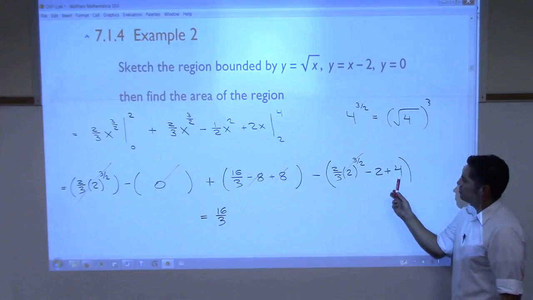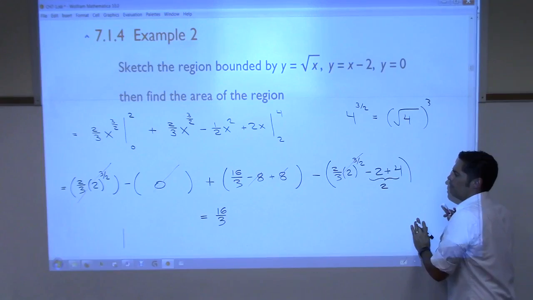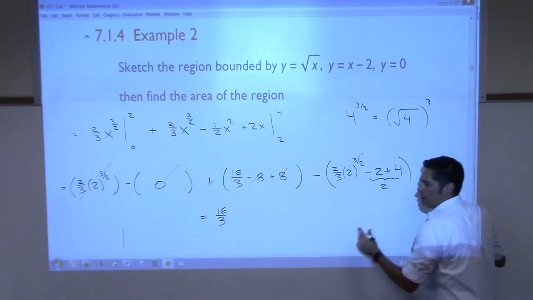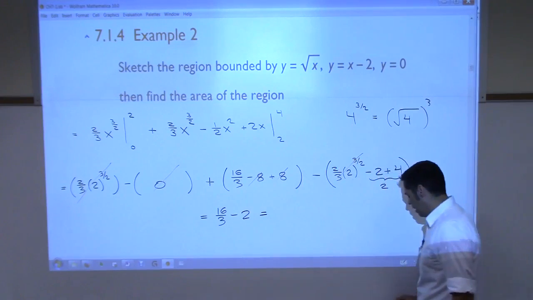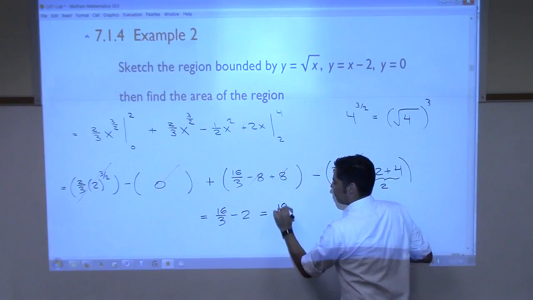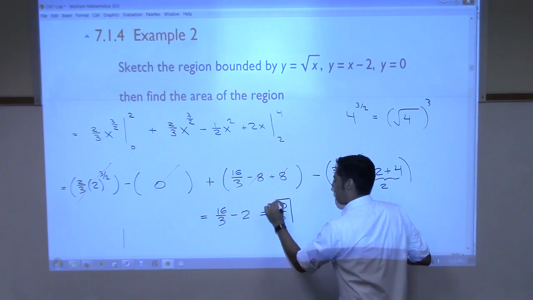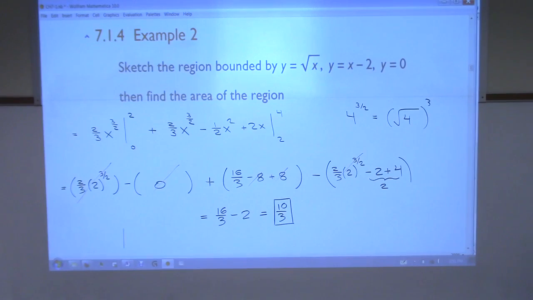And then this right here, when I put these two together, that's 2, right? But then I'm subtracting it. So how about minus 2? And now common denominator, 10/3. That's the area.